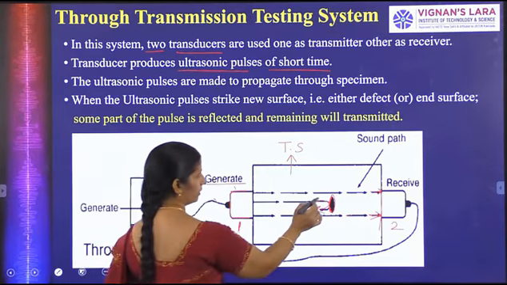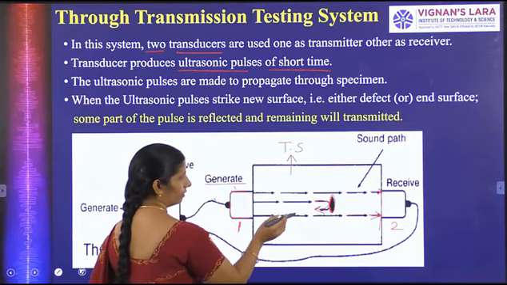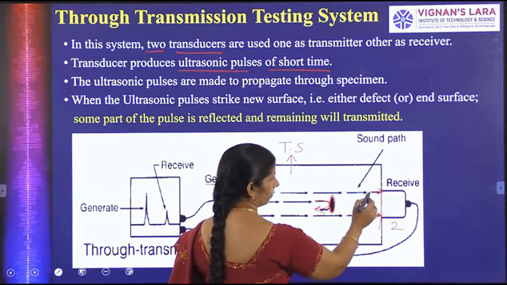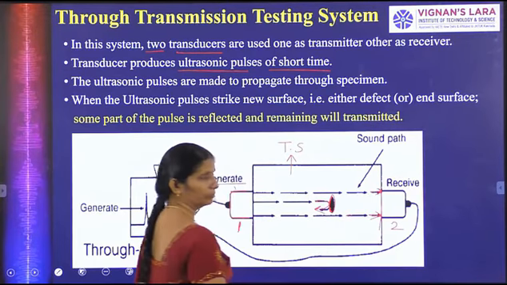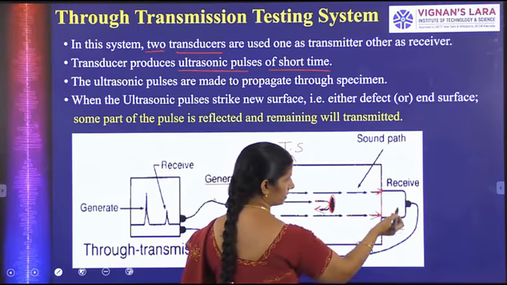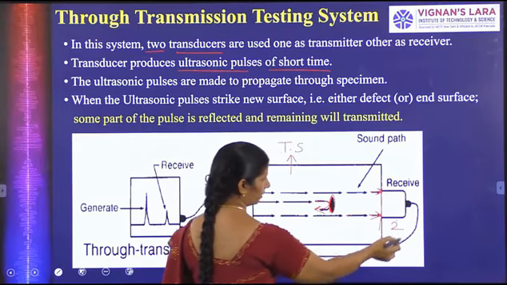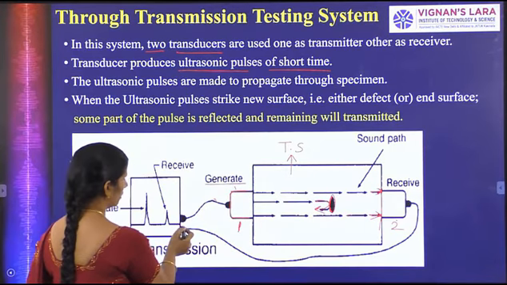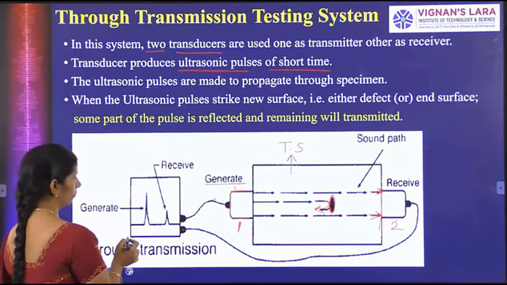If there is no defect, the ultrasonic waves travel till the end of the material and they are transmitted. The transmitted signals will be received by the receiver, and both the generator and the receiver are connected to the CRO.